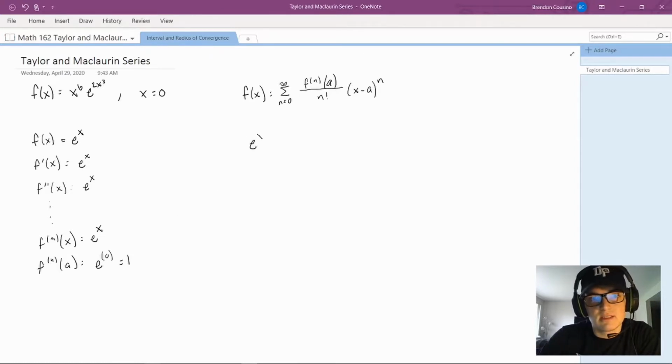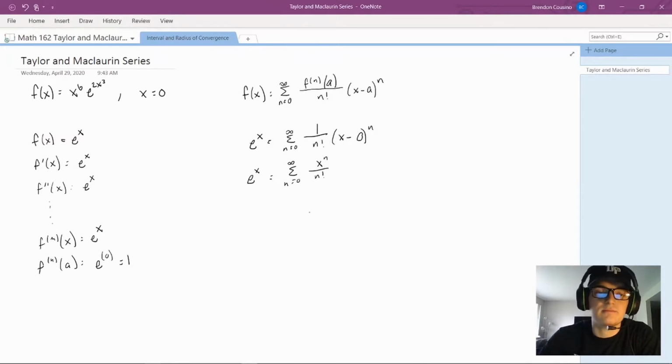So e to the x is equal to the summation as n goes from 0 to infinity of 1 over n factorial times x minus a, which is just 0 in this case, to the n. So e to the x is equal to the summation as n equals 0 to infinity of x to the n over n factorial.